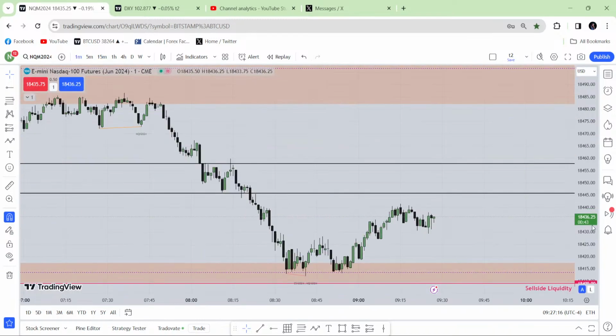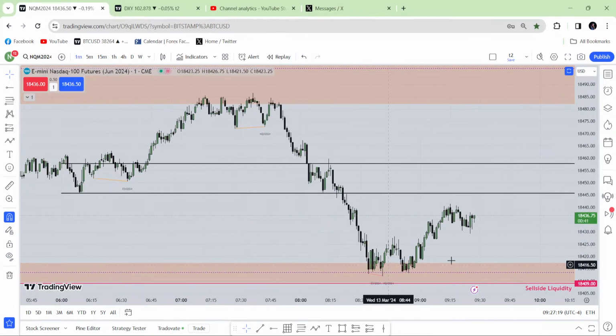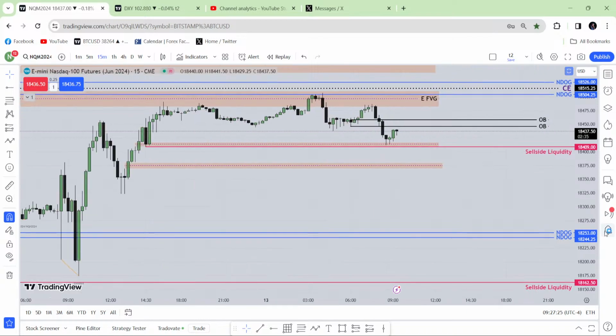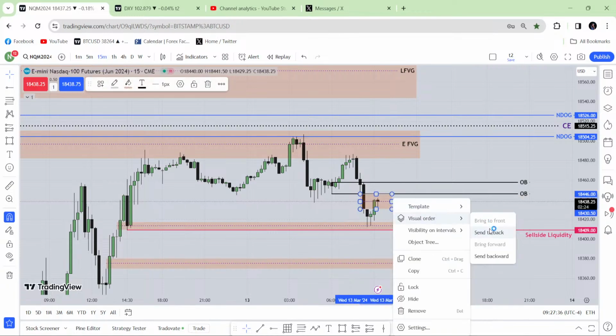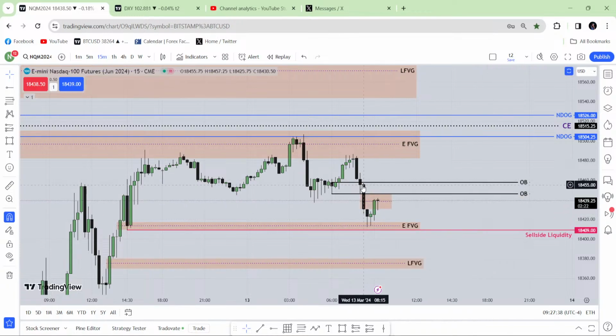Okay, that's all. If you are on the 1 minute chart and you are getting confused about why the market is doing this, go to your 15-minute chart and see if you can find something. Come back again. Here I have this 15-minute fair value gap, so the market is actually spending its time at that 15-minute fair value gap. Above here I have another fair value gap, called the entry fair value gap.